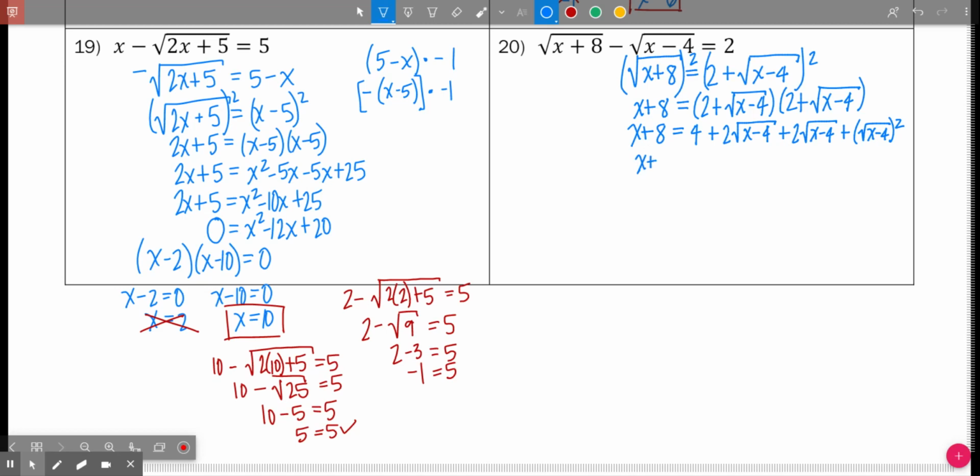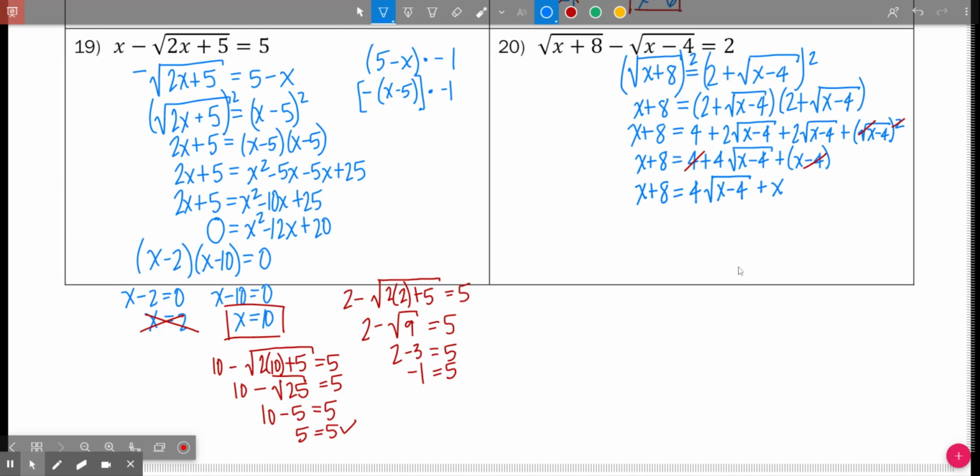So this is x plus 8 equals 4 plus 4 times the square root of x minus 4 plus x minus 4, because the square root squared cancels out. So now 4 minus 4 cancels out, and I'm left with x plus 8 equals 4 times the square root of x minus 4 plus x.